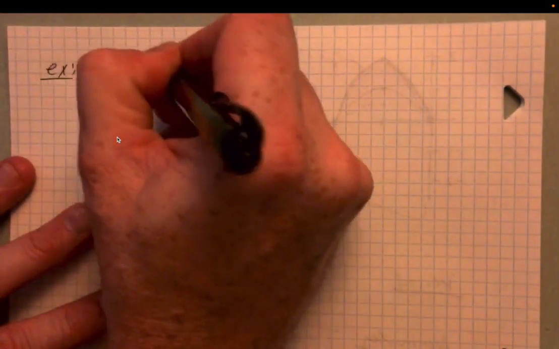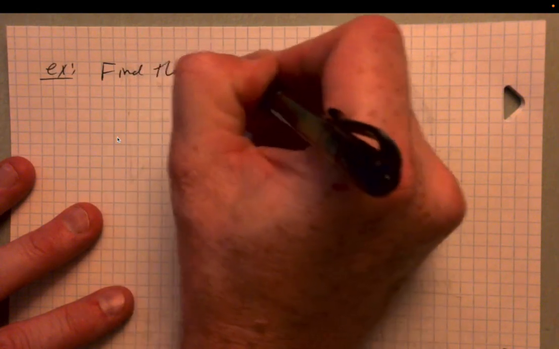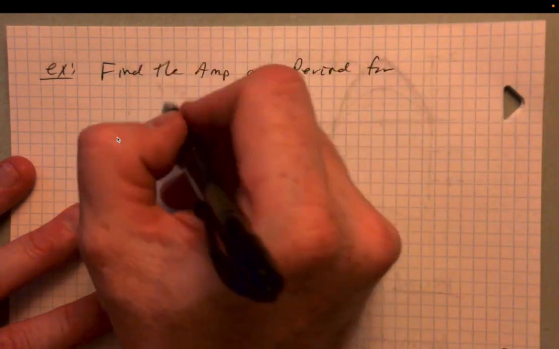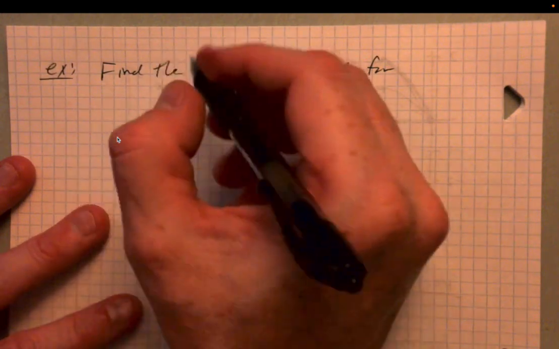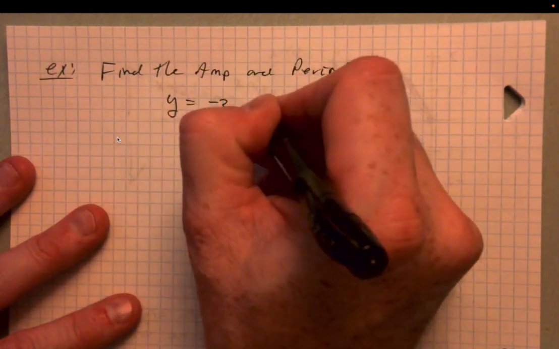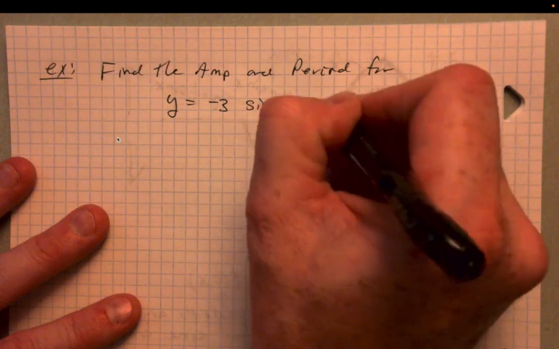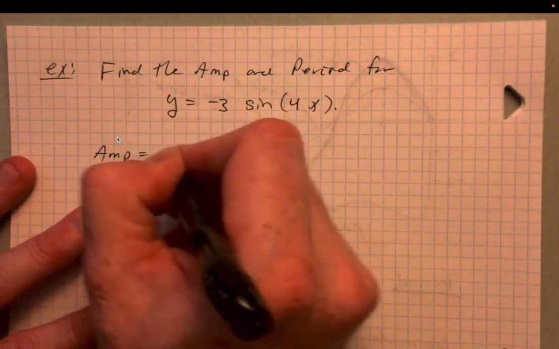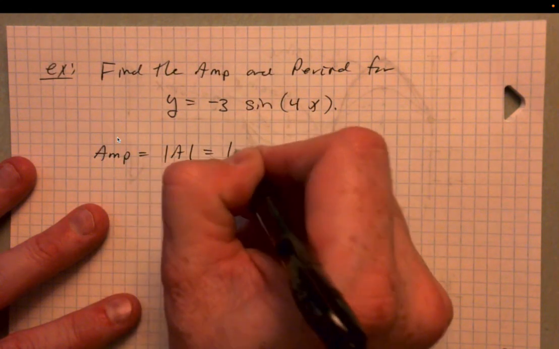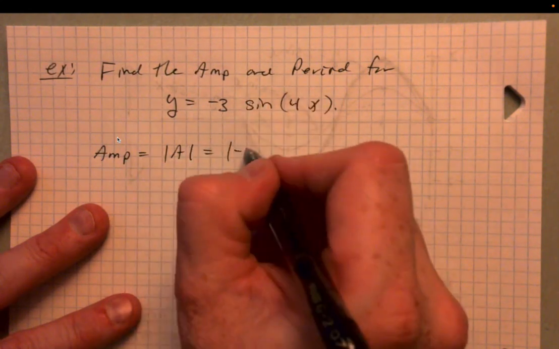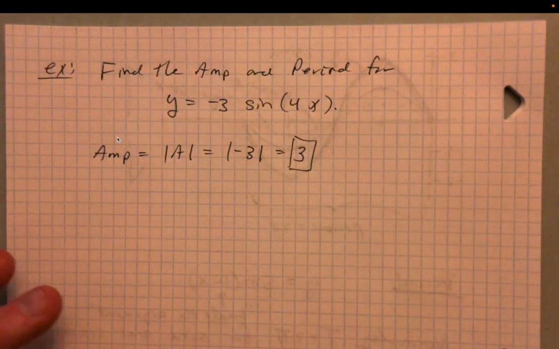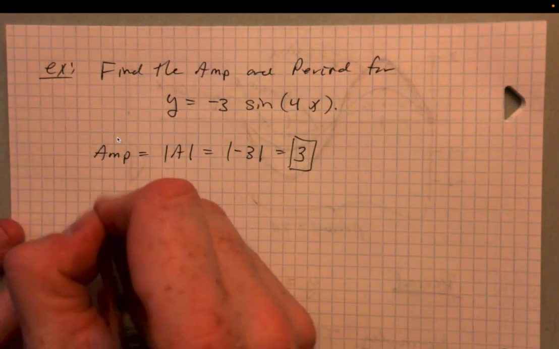So let's find the amplitude and the period for y equals -3 sine of 4x. The amplitude is the absolute value of a, which in this case is the absolute value of -3, so 3. That's the amplitude.